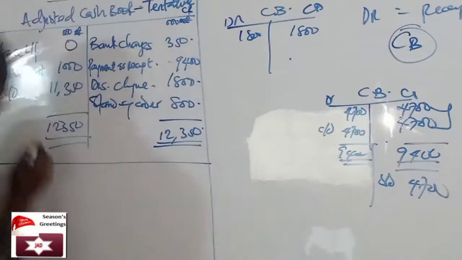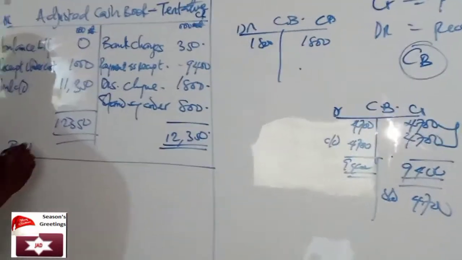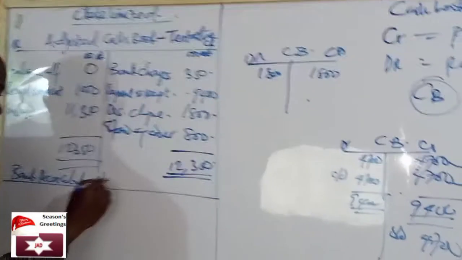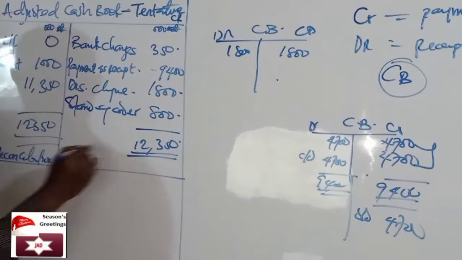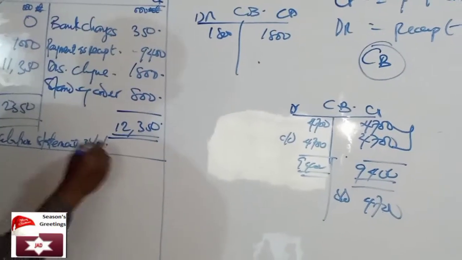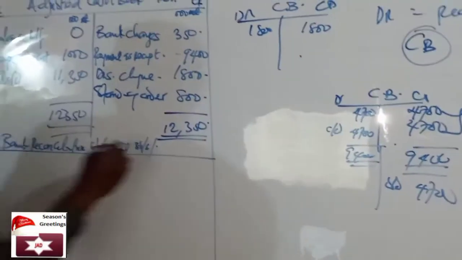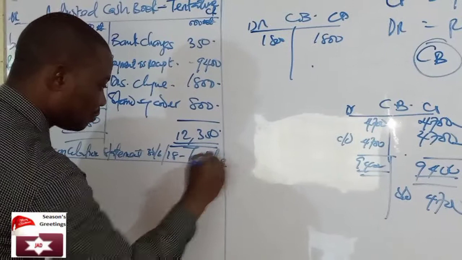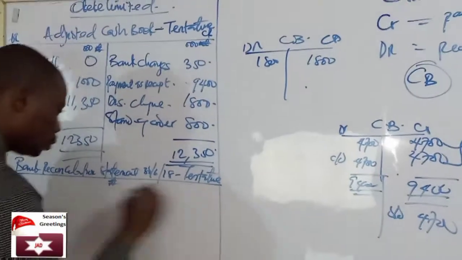So let's do a tentative bank reconciliation statement. This is not what we want to do, but because of the way the question is, we say bank reconciliation statement, 30th June, 2018. So this also is tentative. This is not what we want, but we're trying to get something.